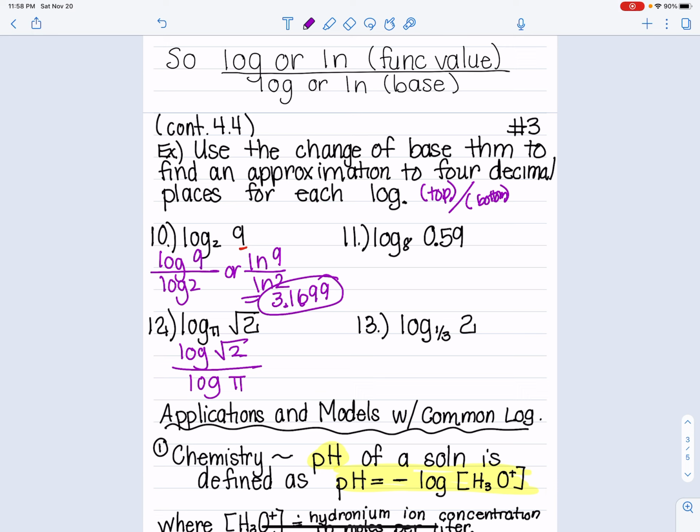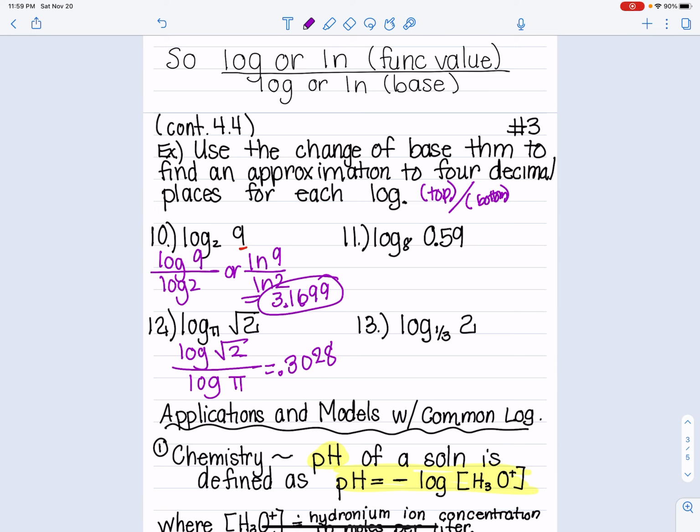Make sure we close out with parentheses. And I get 0.3028. Okay.